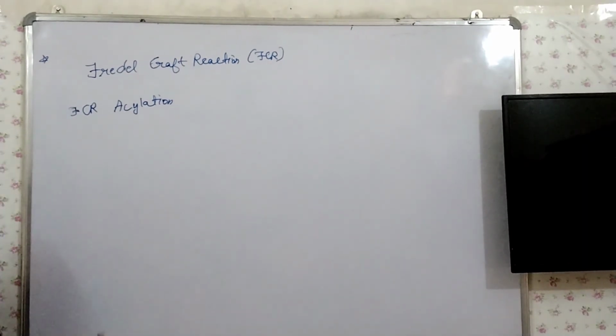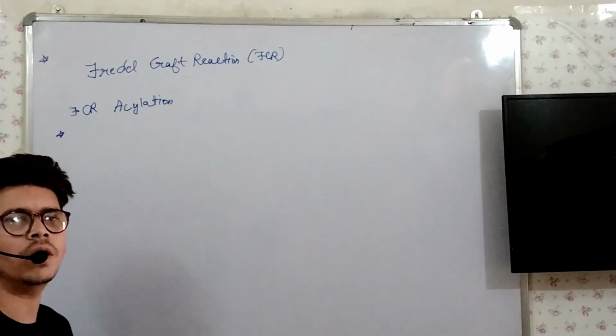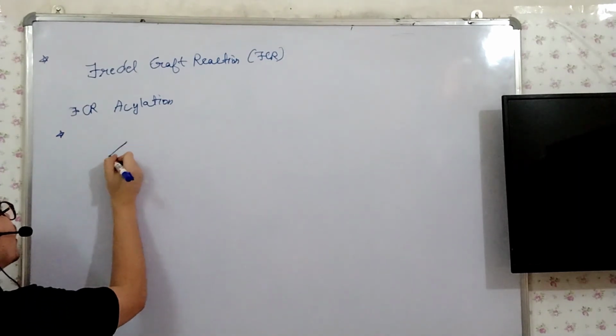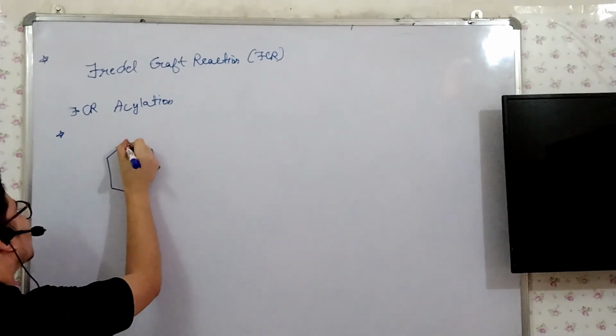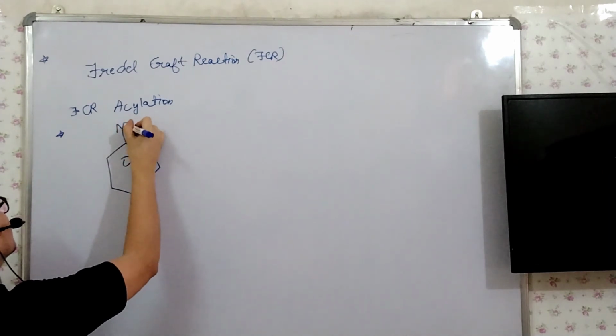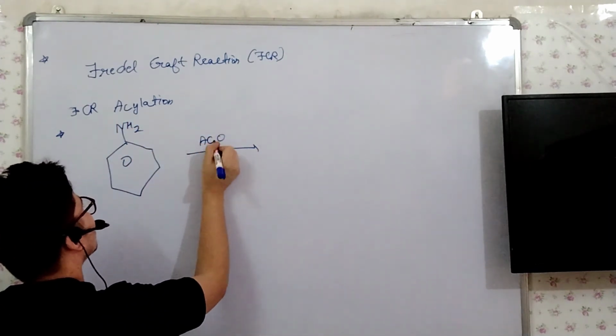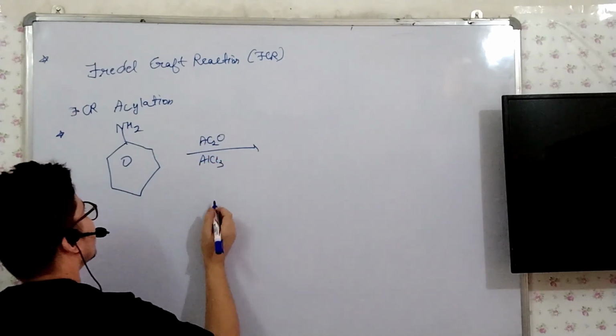Now we have an important reaction. As you have seen in the NCERT book, it is given that aniline will not give the Friedel-Crafts reaction. So we will see why. We have aniline and Ac2O with AlCl3.